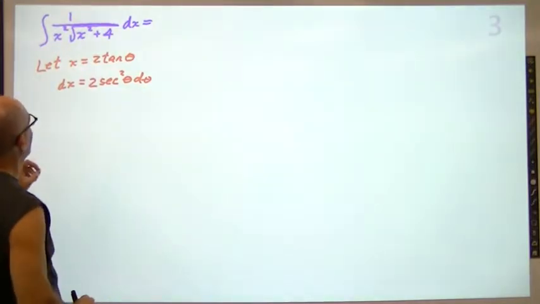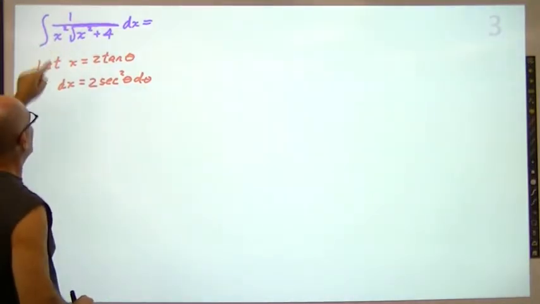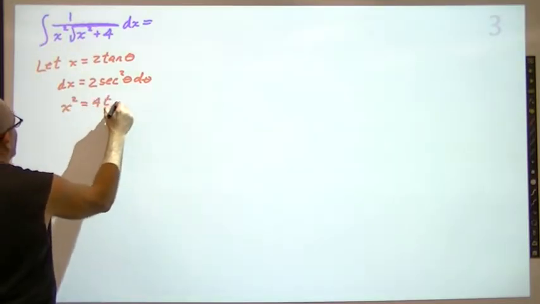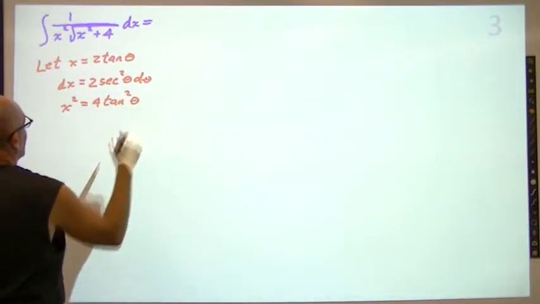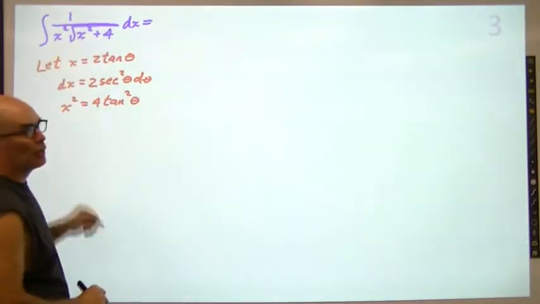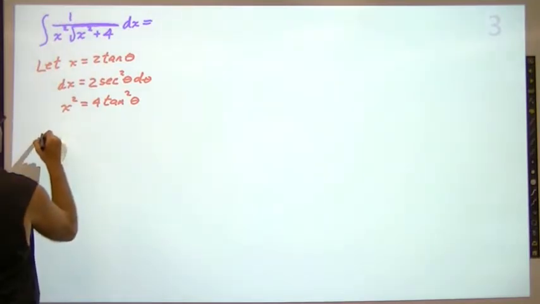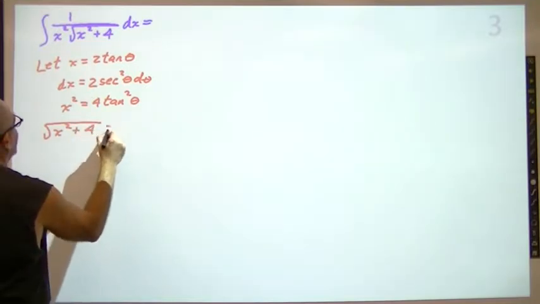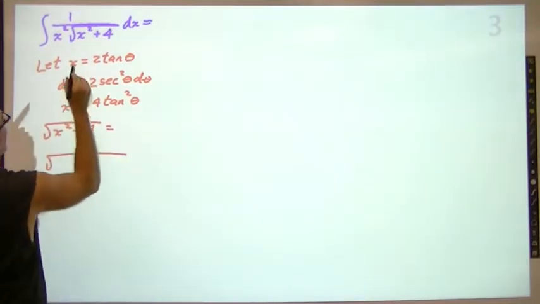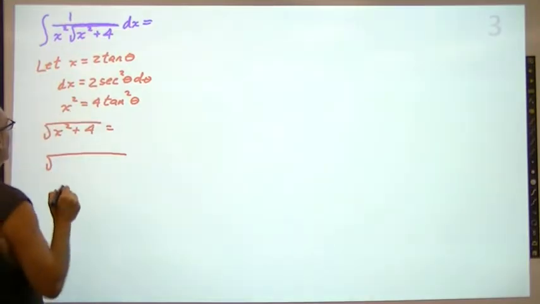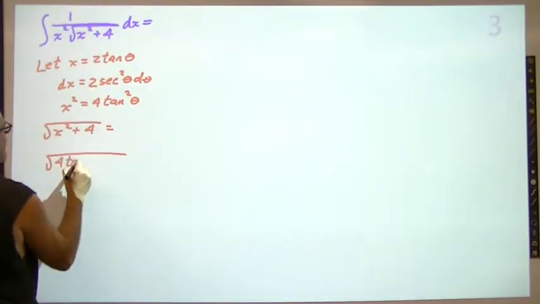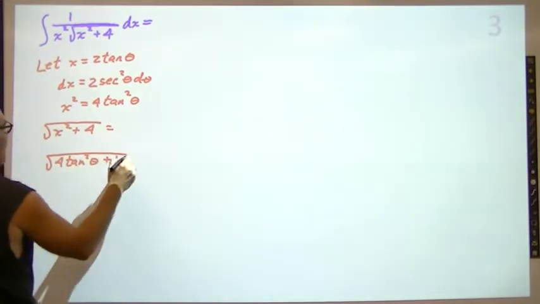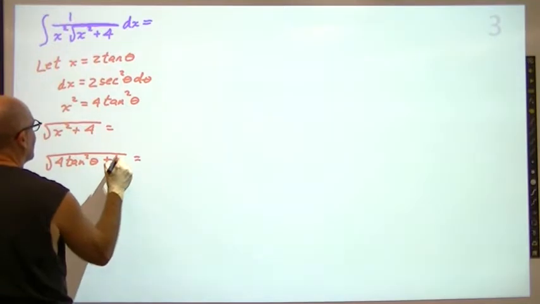Okay, then we need an x squared. So x squared equals 4 tangent squared theta. Now last, we'll do the radical. So the square root of x squared plus 4 is going to equal the square root of, now we're going to put our 2 tangent theta in for x, so we get 4 tangent squared theta plus, oh, I'm sorry, not plus 1, but plus 4.